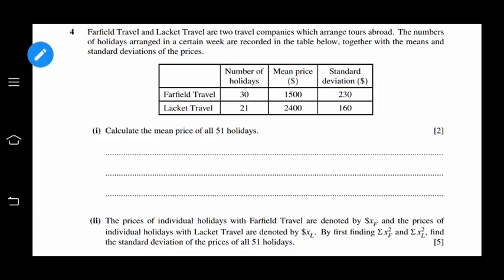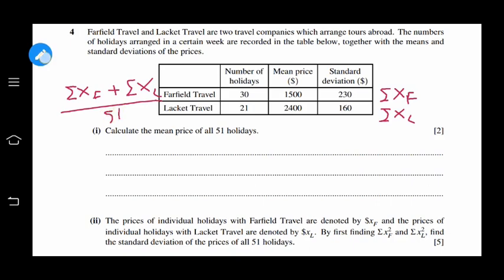To find the mean of the whole, we need sigma x of Fairfield and sigma x of Lackett Travel, so that we can calculate the mean as (sigma xF plus sigma xL) divided by the total number, which is 30 plus 21, 51.